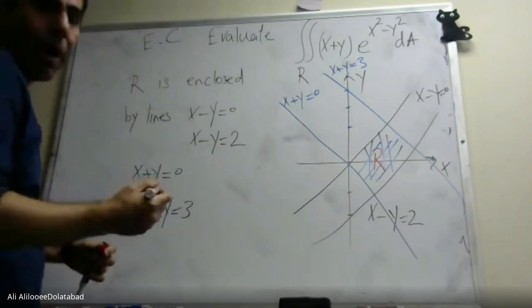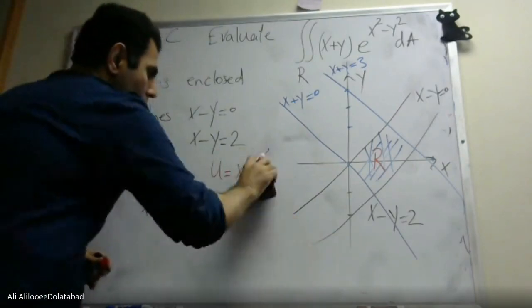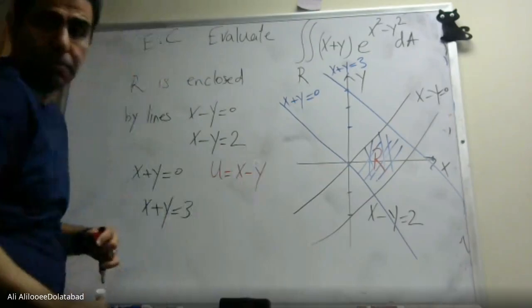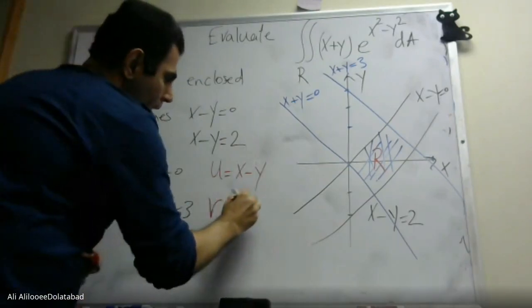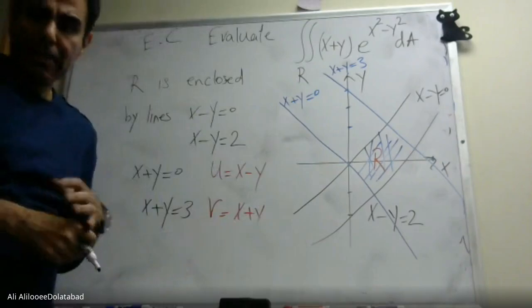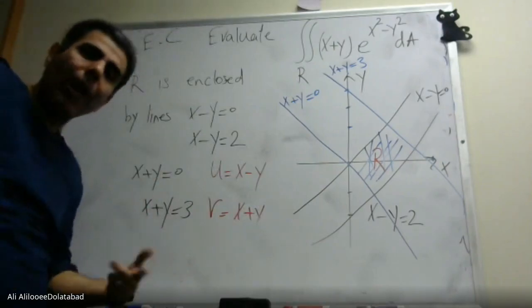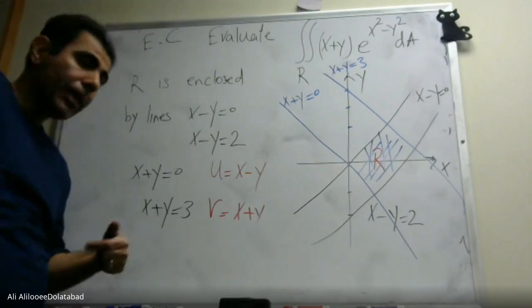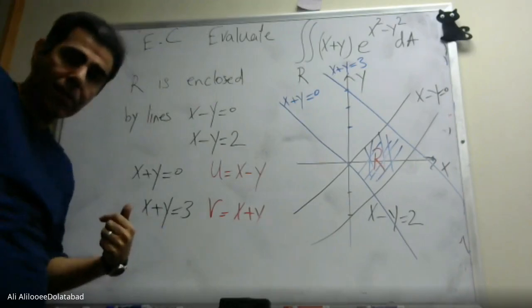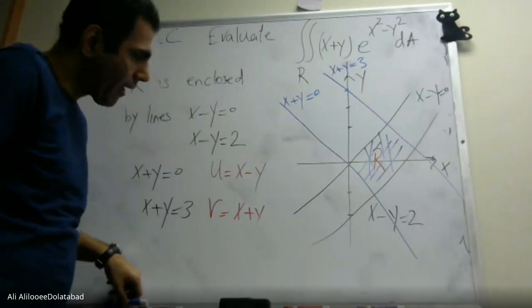I will say u is x minus y, v is x plus y. Based on my experience, if you have common equations in the given region, defining that common equation sometimes, we cannot say always, sometimes will be very appropriate.